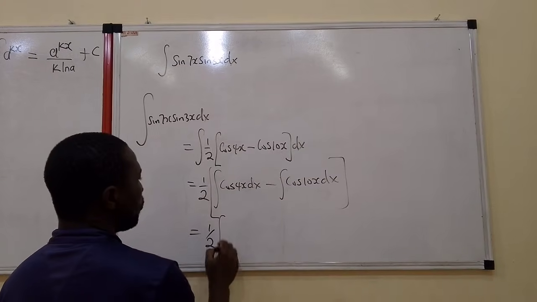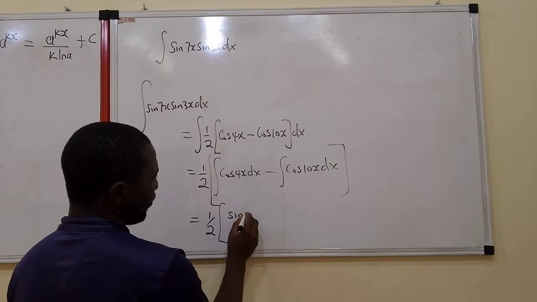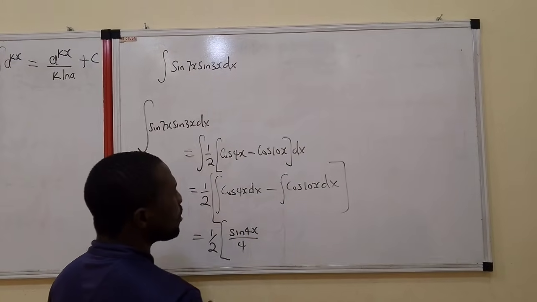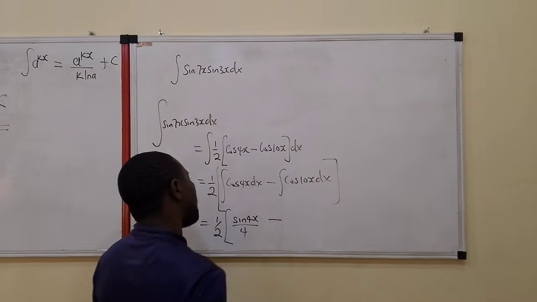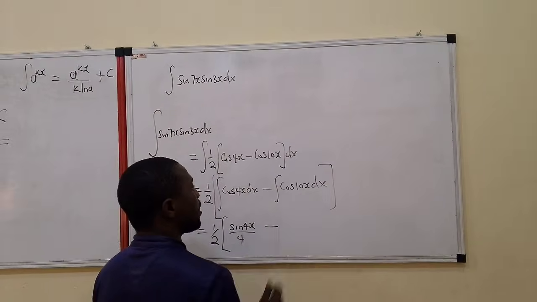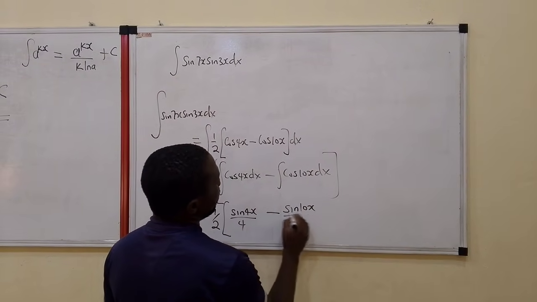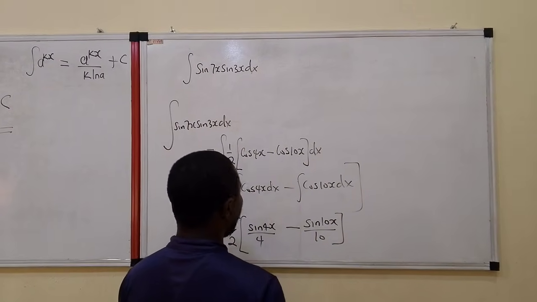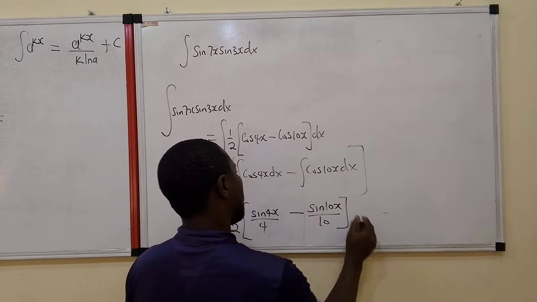So if we integrate cos 4x dx, this is what we are going to get. I have 1 over 2. Here I'm going to get sine 4x over 4. That's for this. Minus, the same thing is applicable here. If you integrate cos 10x dx, you have sine 10x over 10 plus c.